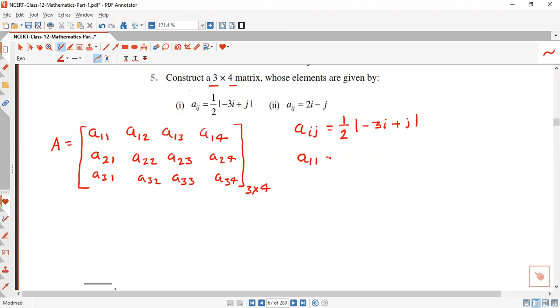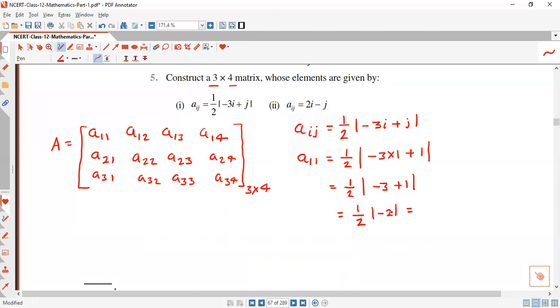A11: half, minus 3 into 1 plus j which is also 1, take mod. 1 by 2 mod of minus 3 plus 1. You are getting 1 by 2 mod of minus 2.